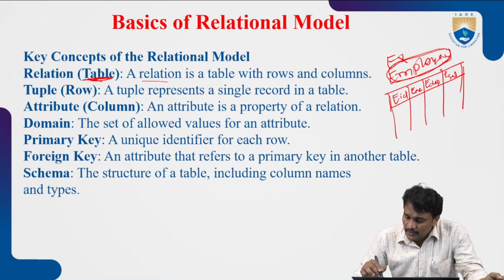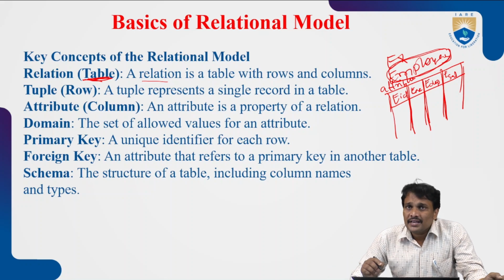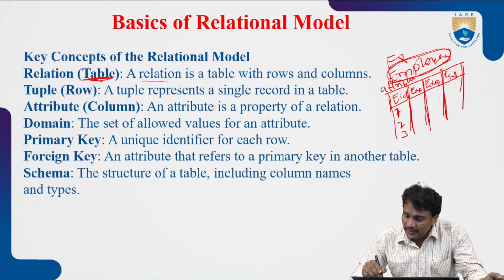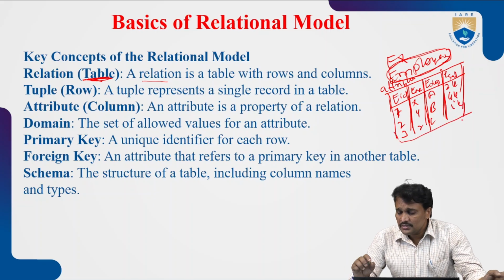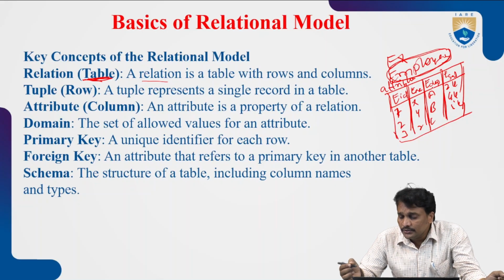This table consists of rows and columns. So these are the columns, these are the attributes. Now suppose employee ID like 1, 2, 3, employee name X, Y, Z, department A, B, C, salary 2K, 4K and 5K. So this is the data stored in the form of columns and rows.